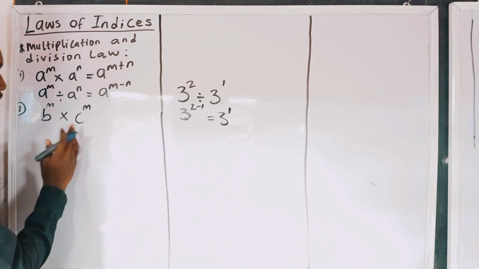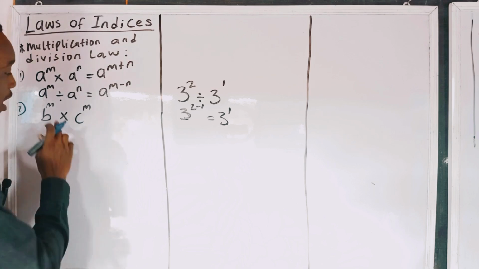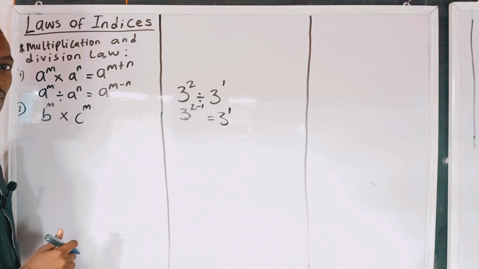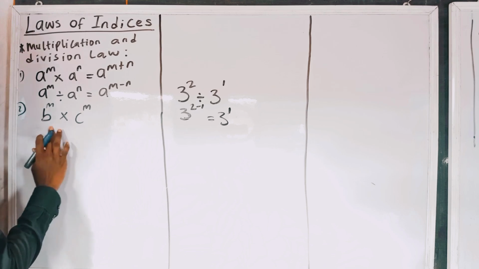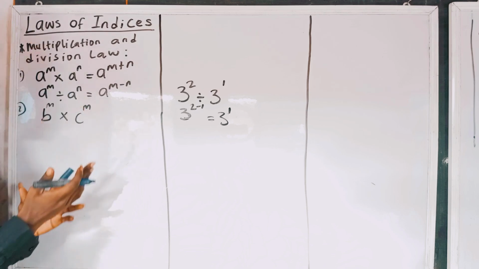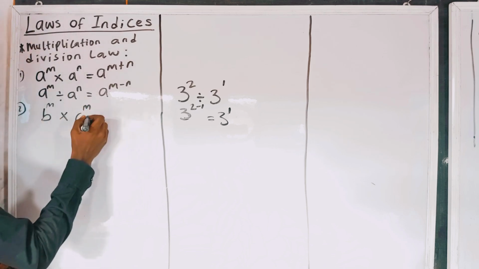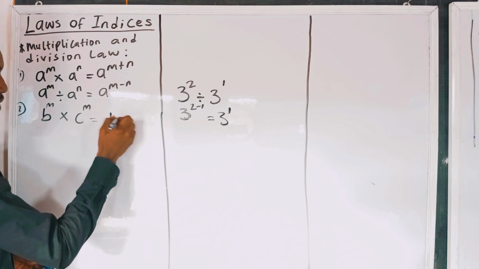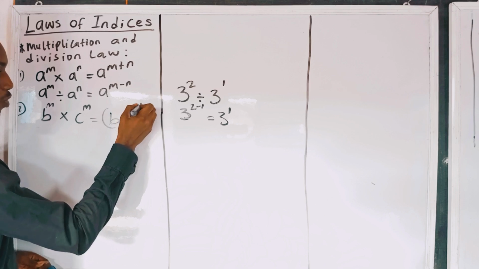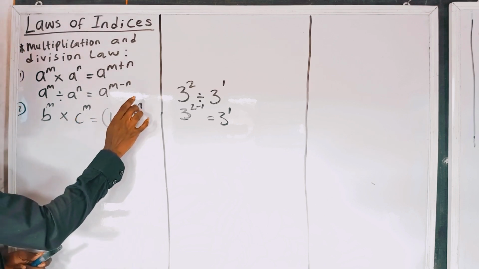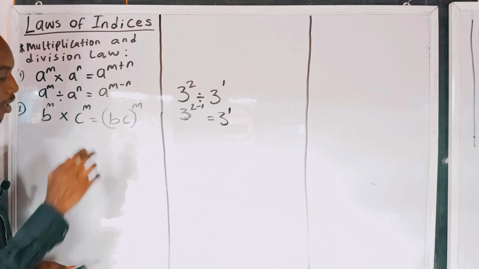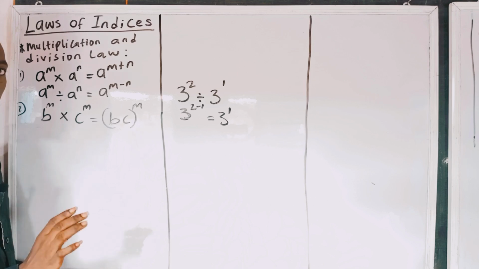In this case, they have different bases, but they have the same power. How do we evaluate them? Very, very simple. We're going to multiply these two bases and give them one power. This will be evaluated as bc to the power of m. That is, we join the bases together and let them share one common power if they have the same power. Are you following?